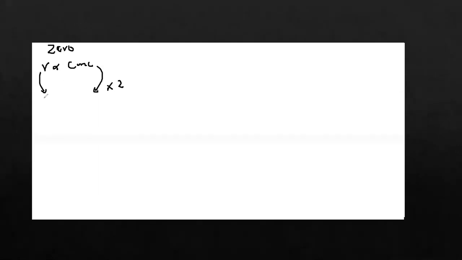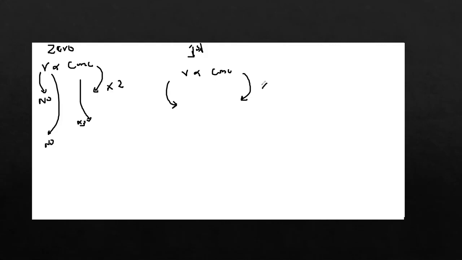So if we double the concentration, there will be no change in rate. If we triple the concentration, there is no change. It will remain the same. But if it is a first order, then if I double the concentration, rate will be double. If I multiply the concentration by 4, rate will also be multiplied by 4.